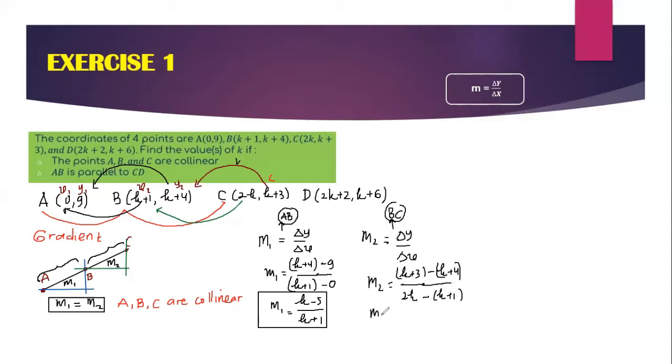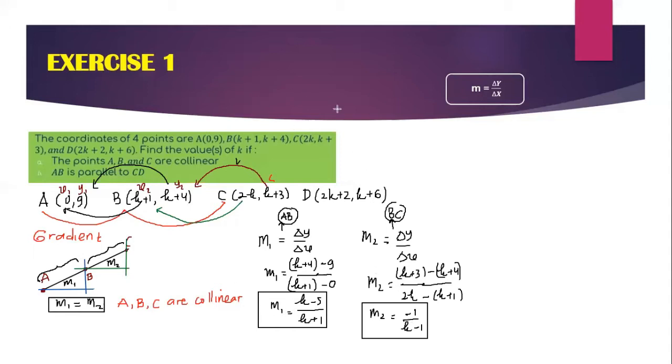Next, we can simplify this equation. k plus 3 minus k minus 4 will be minus 1, right? Over 2k minus k plus 1, so k minus 1. Is it correct, everyone? So this is M2, right? Now we got M1 as k minus 5 over k plus 1, and M2 as minus 1 over k minus 1.